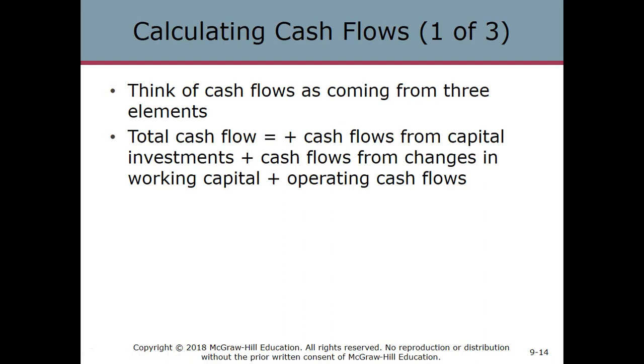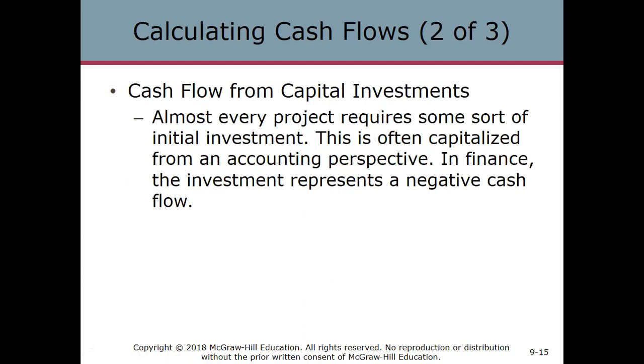But we just have to respect the presentation here. So cash flow from capital investments would, of course, be our initial or first ever investments that will be placed in the company's coffers for the particular investment activities.